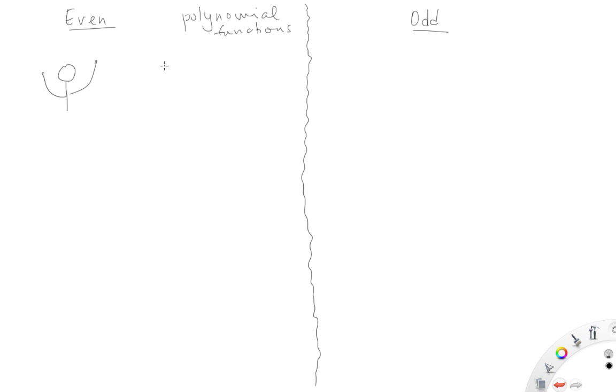Their hands can be in the air up, or their hands can be in the air going down in an even function. And if we have an odd function, one hand was up and one was down, or the other way around. We were doing what we call the polynomial dance. Okay, let's add some feet to these guys, otherwise they look weird.